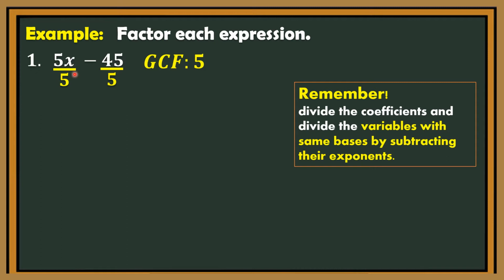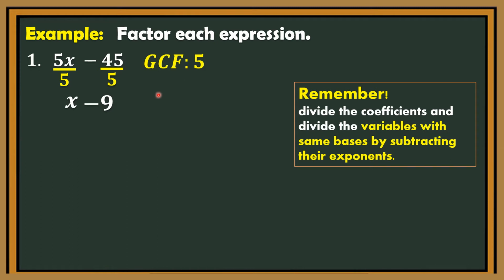We do not have x here, so they do not have the same variable. Therefore, we just copy x. Automatically, the numerical coefficient of x here is 1. Negative 45 divided by 5 is negative 9. This is your second factor.